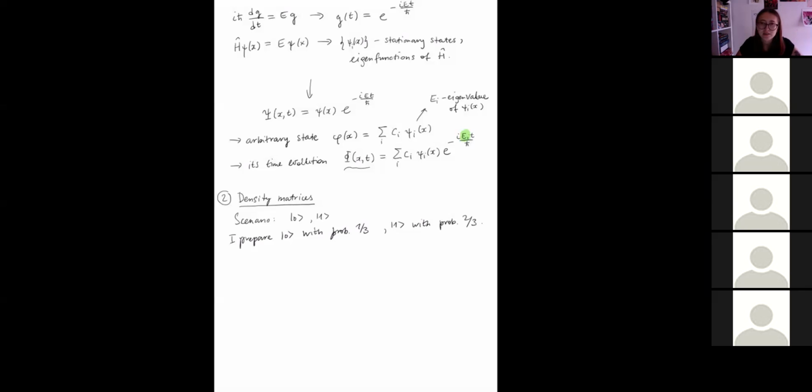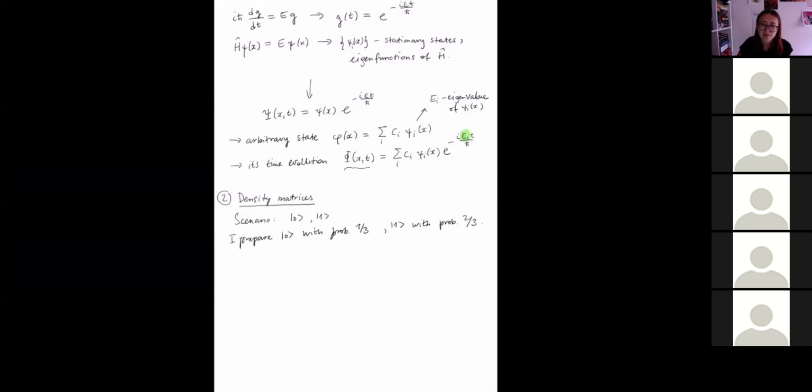The idea is that a situation in the lab which can happen is, I had this initial probability distribution, I prepared something, but then I forgot what I prepared exactly. So how do I describe the quantum state in that case, when I may have prepared 0 with probability 1/3 and 1 with probability 2/3?